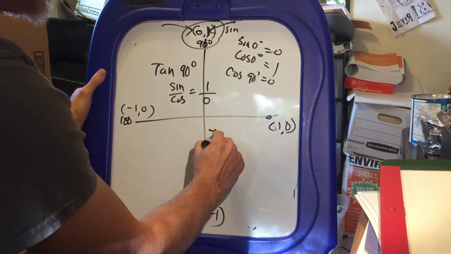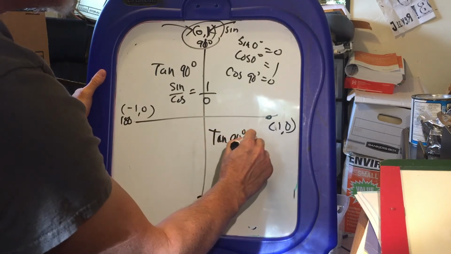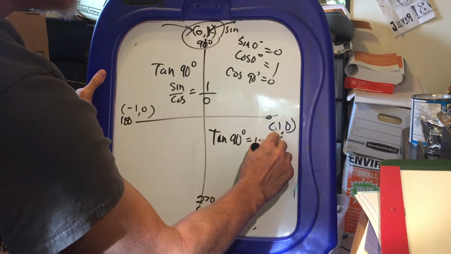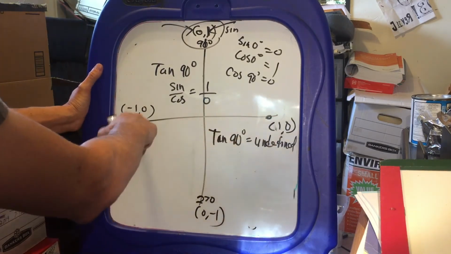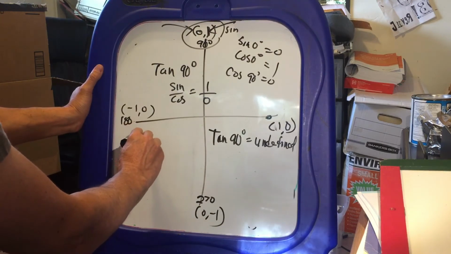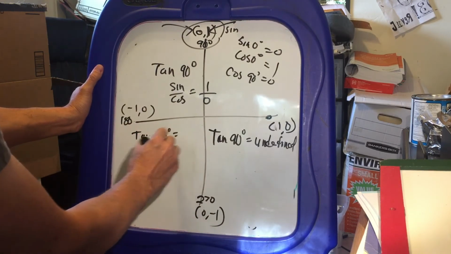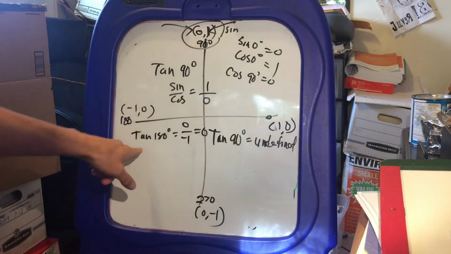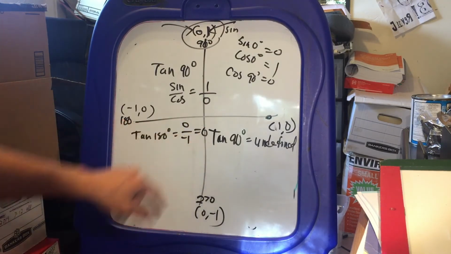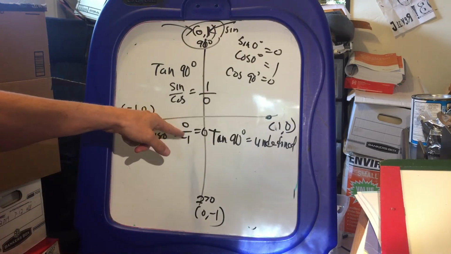So we would say that the tangent of 90 degrees is undefined. Okay, what would the tangent of 180 degrees be? Sine over cosine, 0 over negative 1. That's not a problem. The tangent of 180 degrees would be 0, because 0 in the numerator is not an issue.